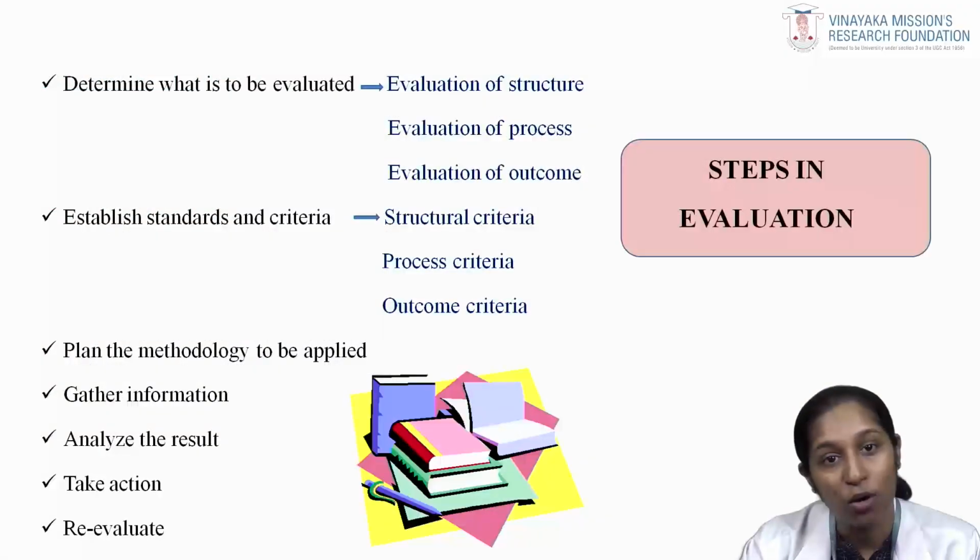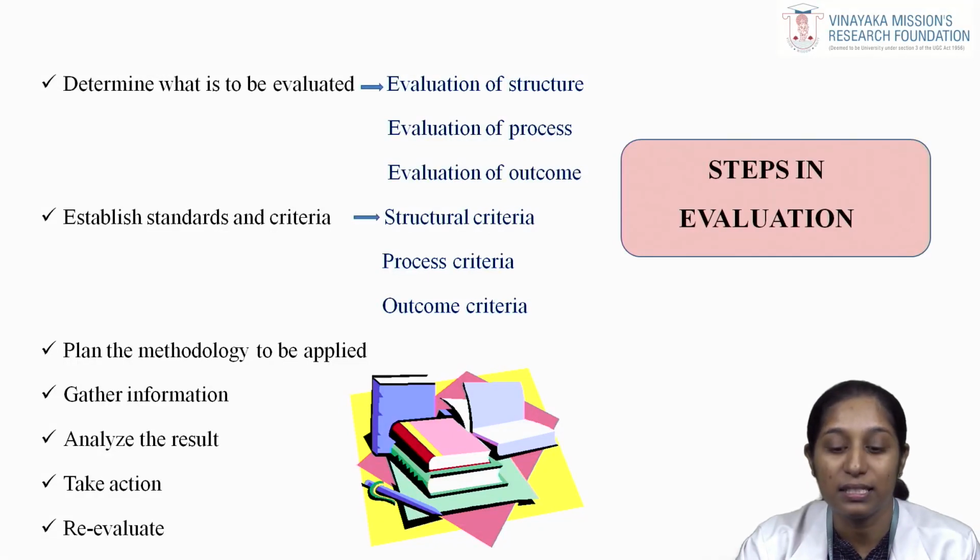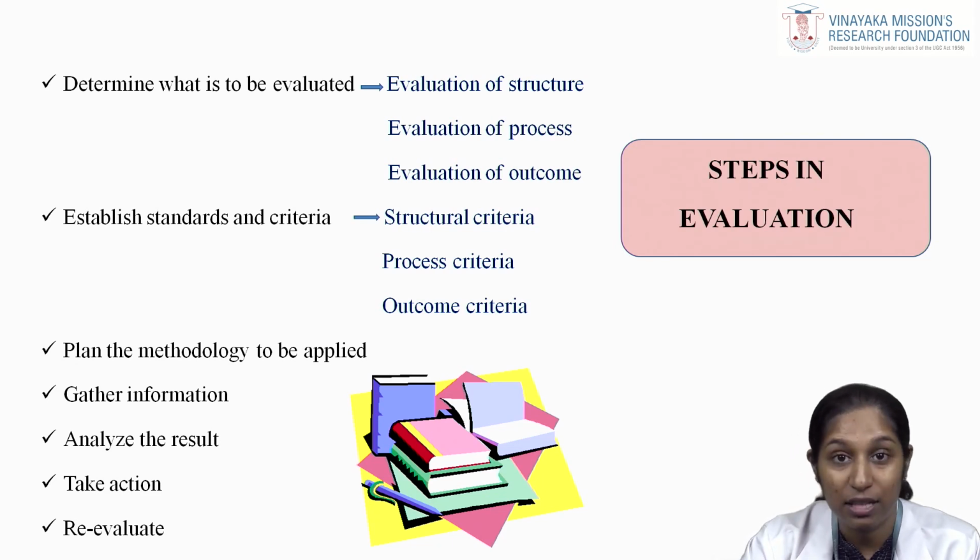Now let's see how an evaluation has to be done, or the general steps in evaluation. The first step is to determine what is to be evaluated. The evaluation can be of three types. The evaluation can be an evaluation of the structure, evaluation of the process, or evaluation of the outcome. Evaluation of the structure means evaluation of whether the facilities or the equipment or manpower or organization meet the standards accepted by experts.